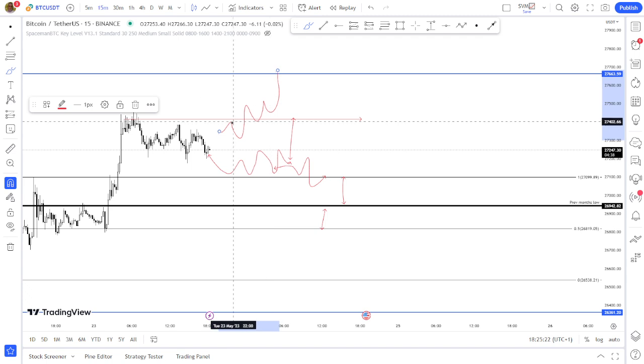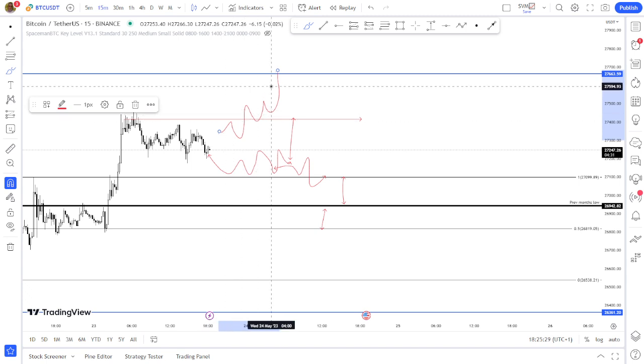If it reclaims here, then above here will be your trigger. The first objective should be here.